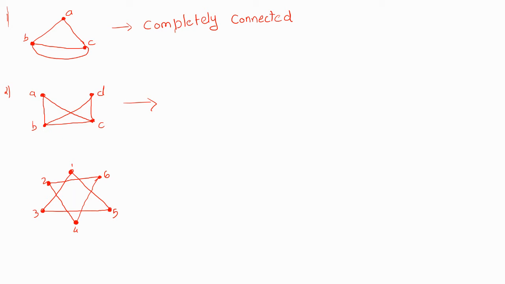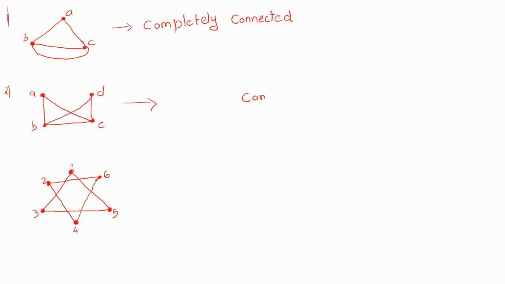But if you want to go from A to D, you have a path in between, right? You can go from A to B to C and to D, or you can go from A to C and from C to D. So basically, you will reach from A to D somehow. Therefore, we can say this is connected.